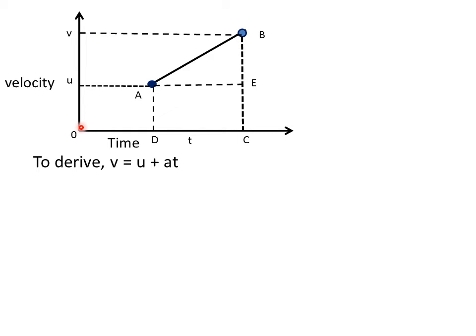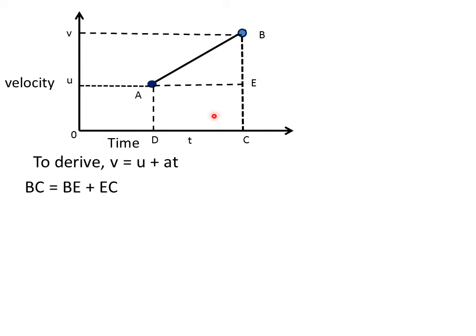So to find the value of v, let us find the value of segment BC. This BC is made up of BE and EC. Let us write BC = BE + EC.